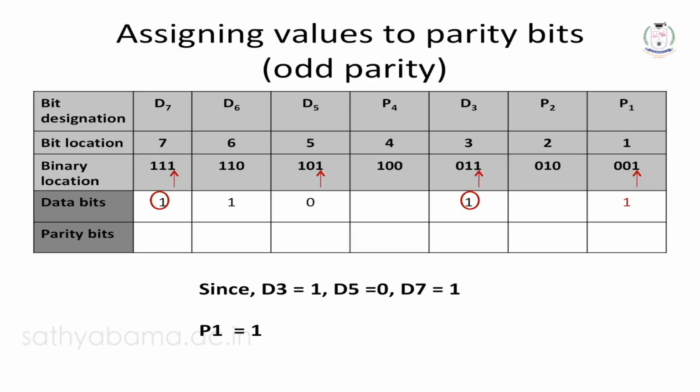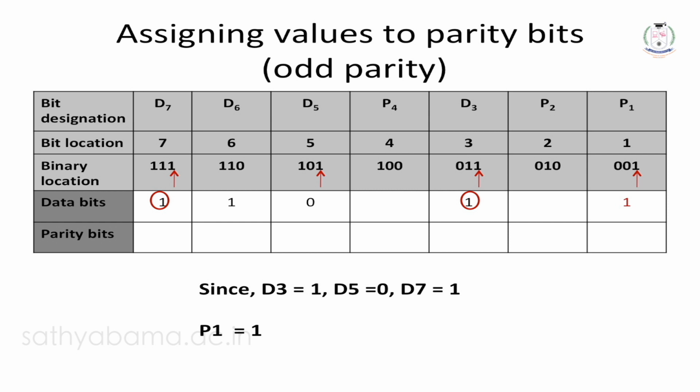We'll start with the very first parity bit P1, and we'll have to keep in mind that we are doing it for odd parity. When I start with P1, I'm basically required to look at the data bits D3, D5 and D7. Why D3, D5 and D7 is because P1, the 1 position, lies in the first bit position, which is the LSB. D3, D5 and D7 all have 1s in the very first position.